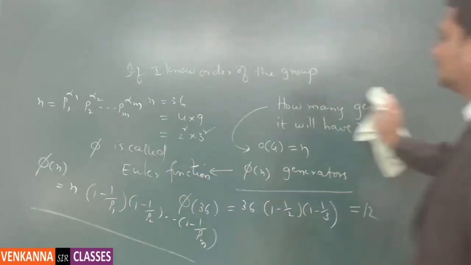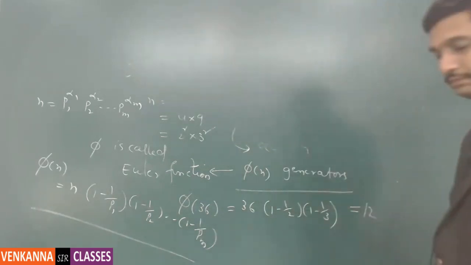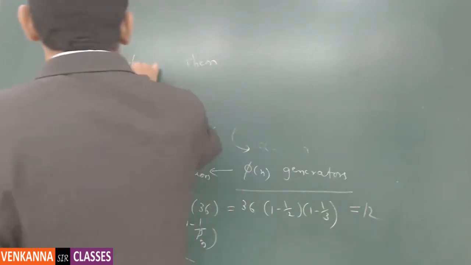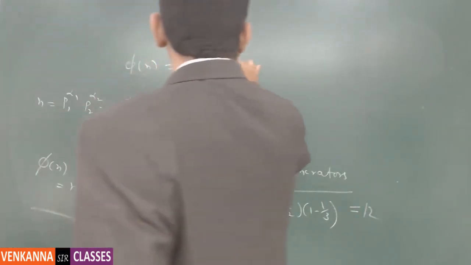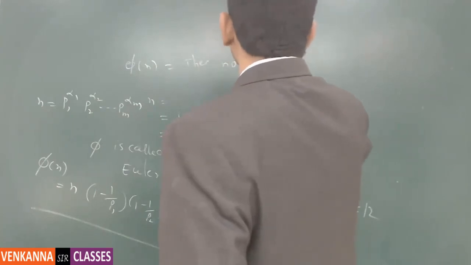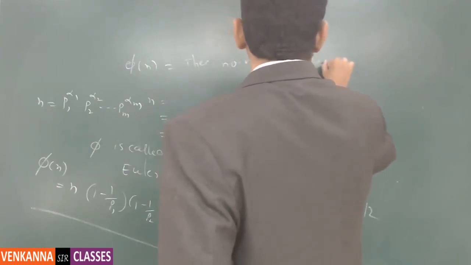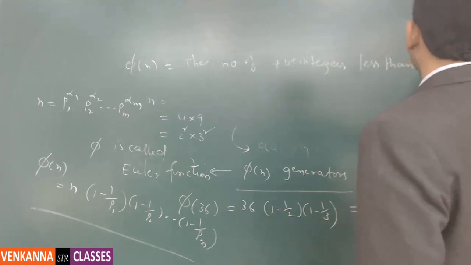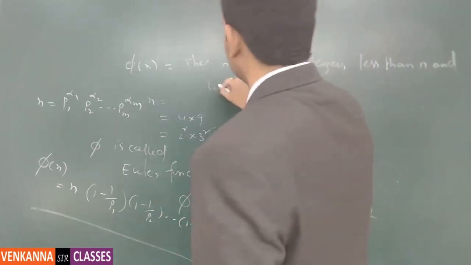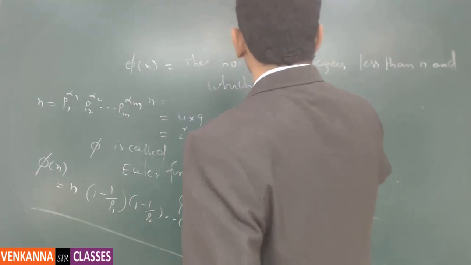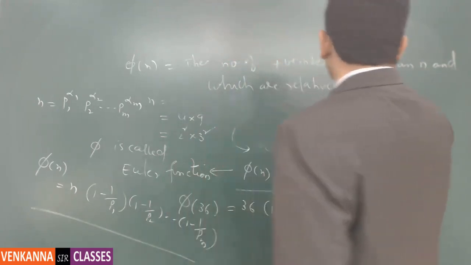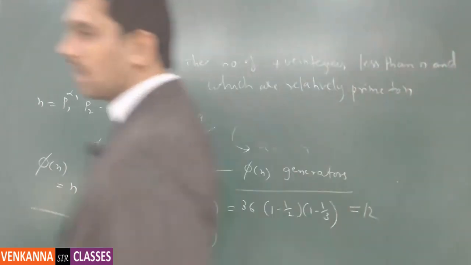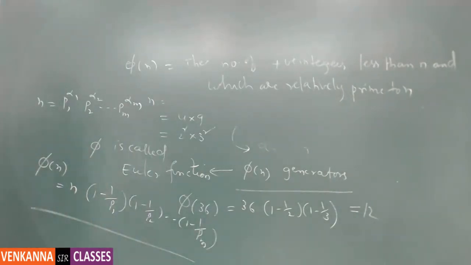The actual definition is that phi of n is equal to the number of positive integers less than n and which are relatively prime to n. This is the definition of phi of n actually.